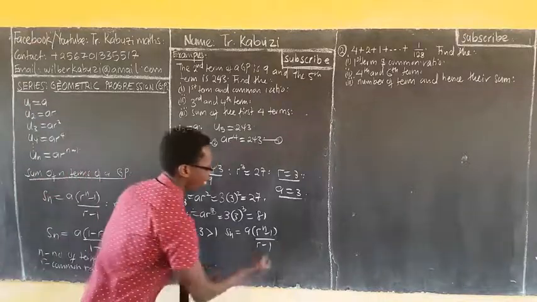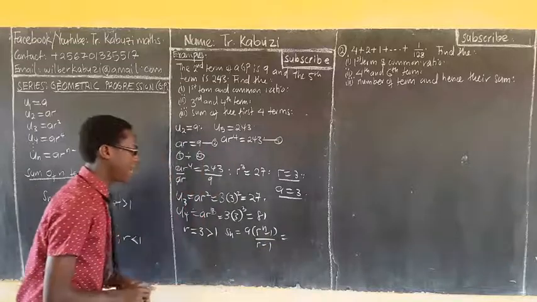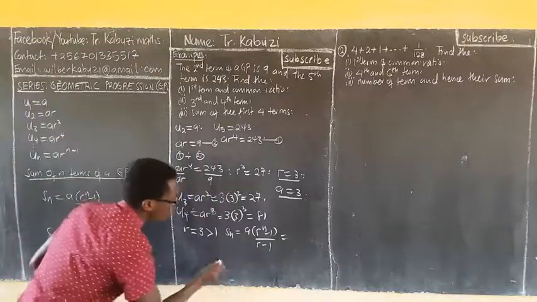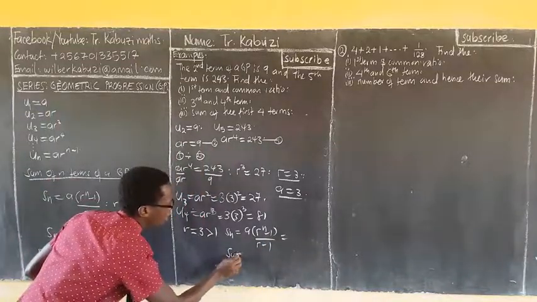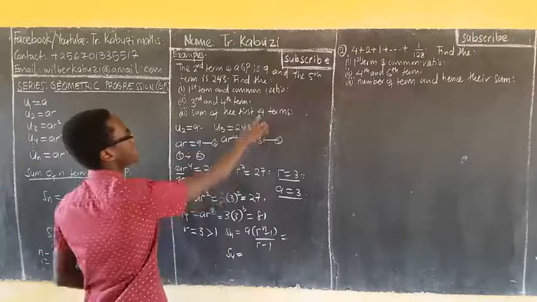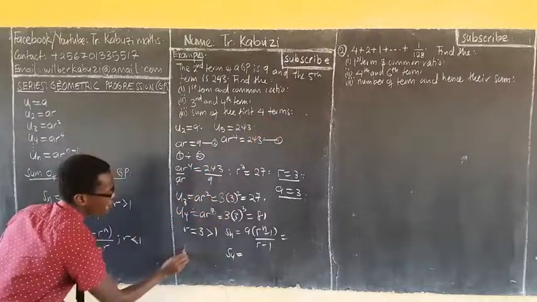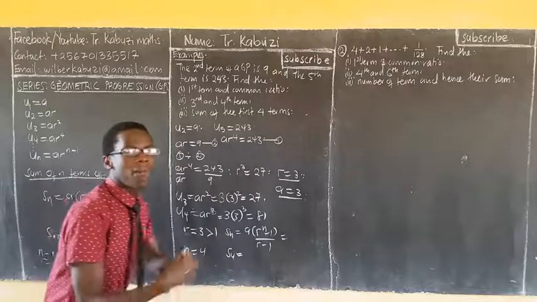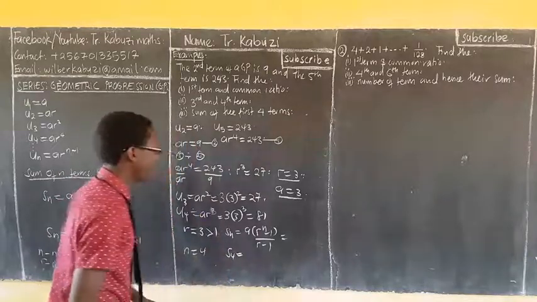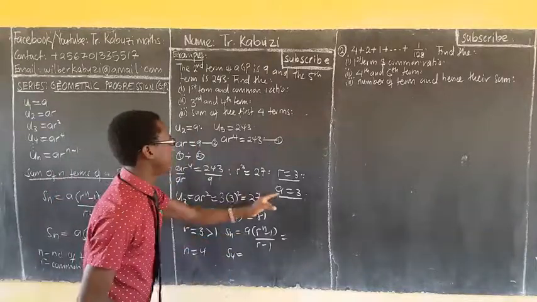So from here, I substitute. They are giving me the sum of the first 4 terms, so I'll be having S4 equaling, because my n is 4. From here, my n is 4 because they want the sum of the first 4 terms. So my a is 3.